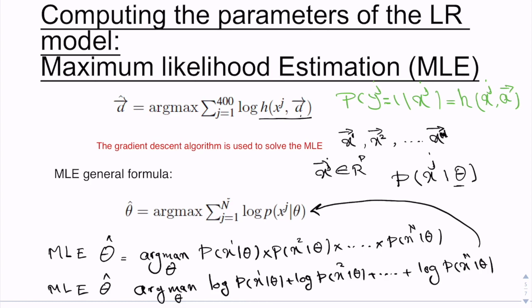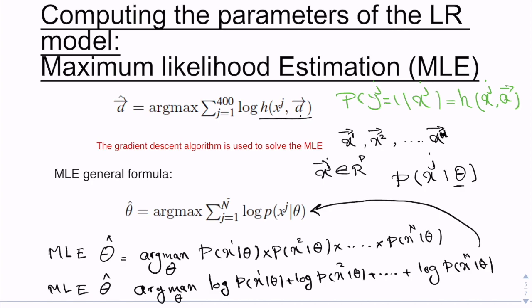So let's say a is a vector that can take 100 different choices. We plug in these 100 different choices here. The one that gives us the maximum probability is the best value for the parameters that maximizes the likelihood function.